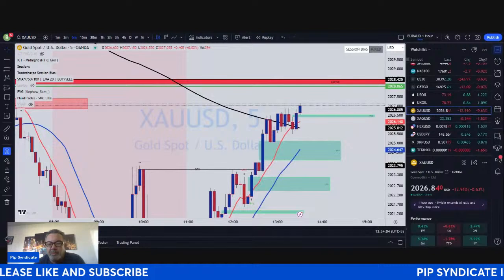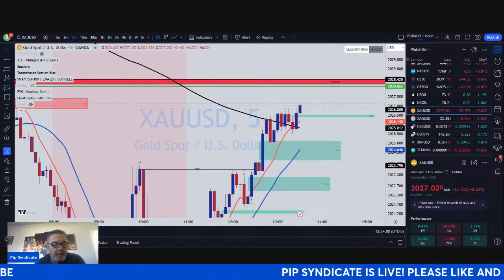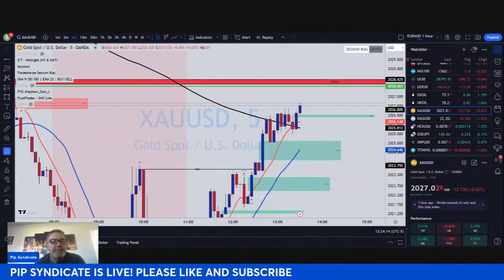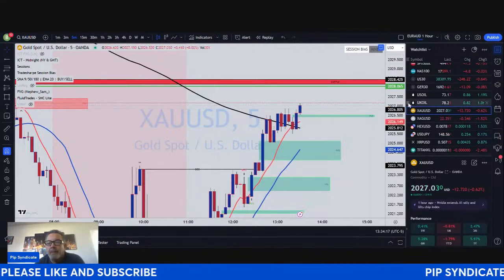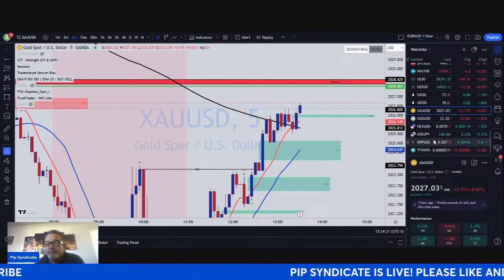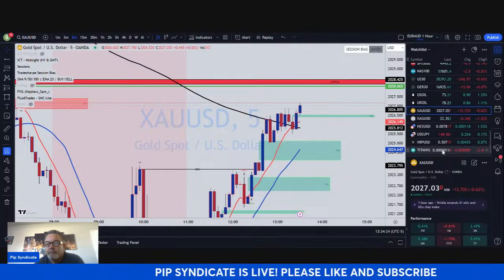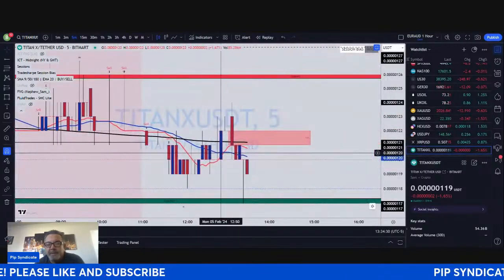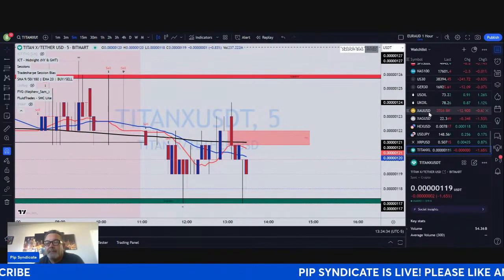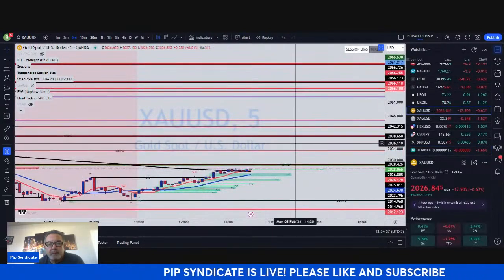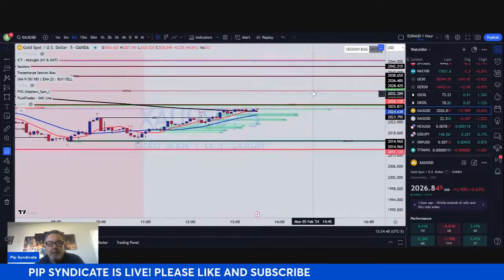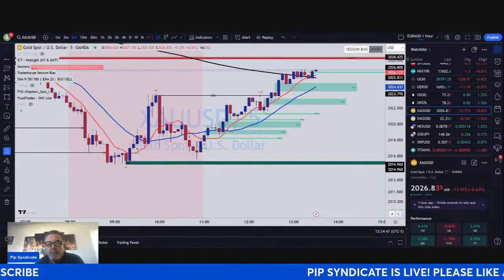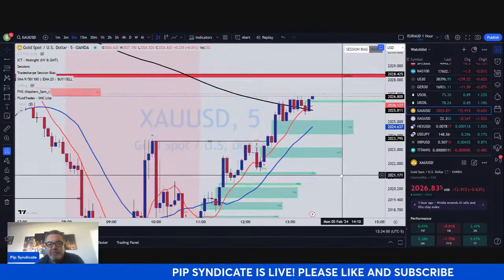It looks like we're going to be shooting for gold today, unless something else pops up better. What's Tight Necks doing? It's kind of not doing nothing. I got a nice bag of Tight Necks, guys. Too much crap on the chart, man.